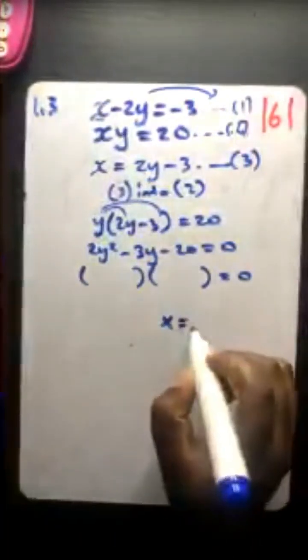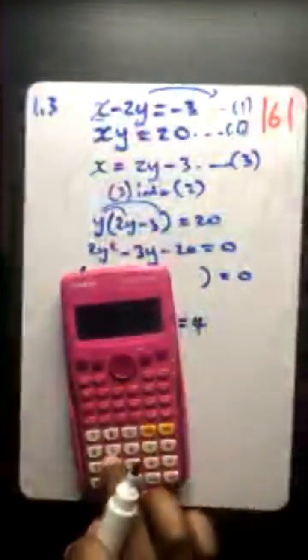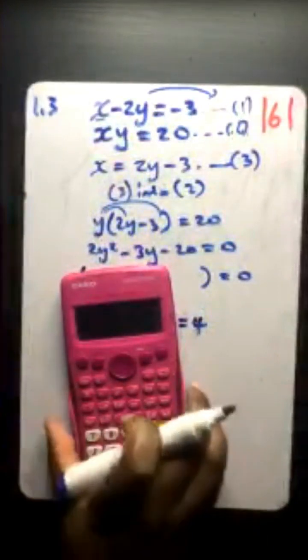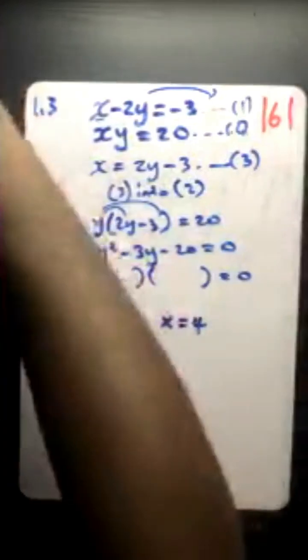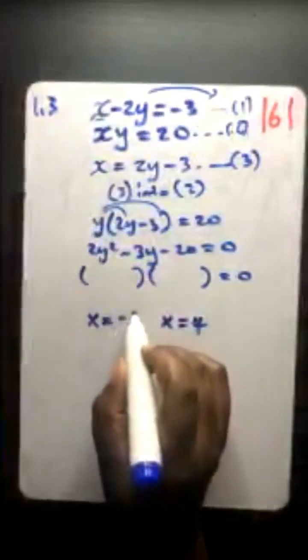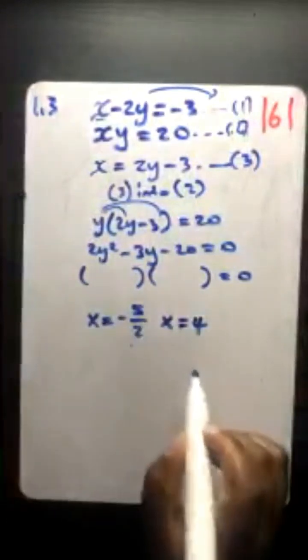There I got y, which equals 4. Then I'm going to change that minus and put a plus, change a plus and put a minus. I'm getting a negative 2 over 5. So that means the other answer is negative, what is it? No, negative 5 over 2.